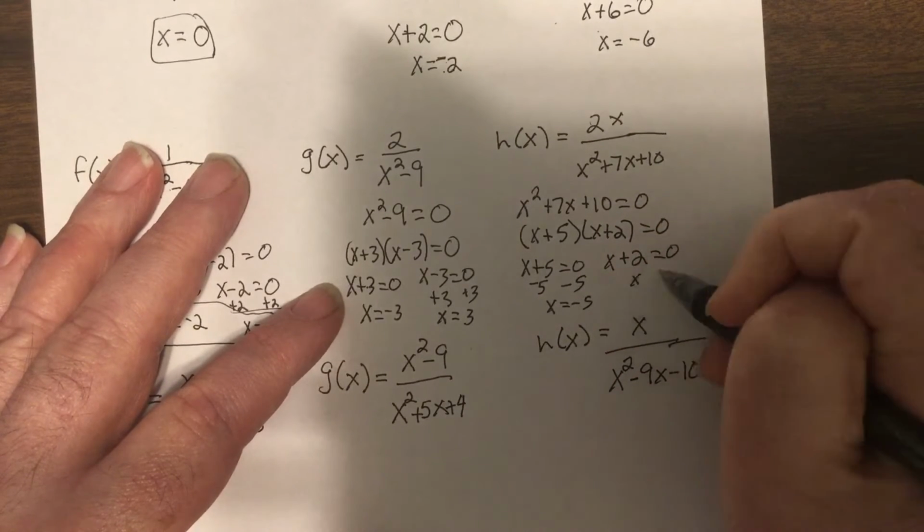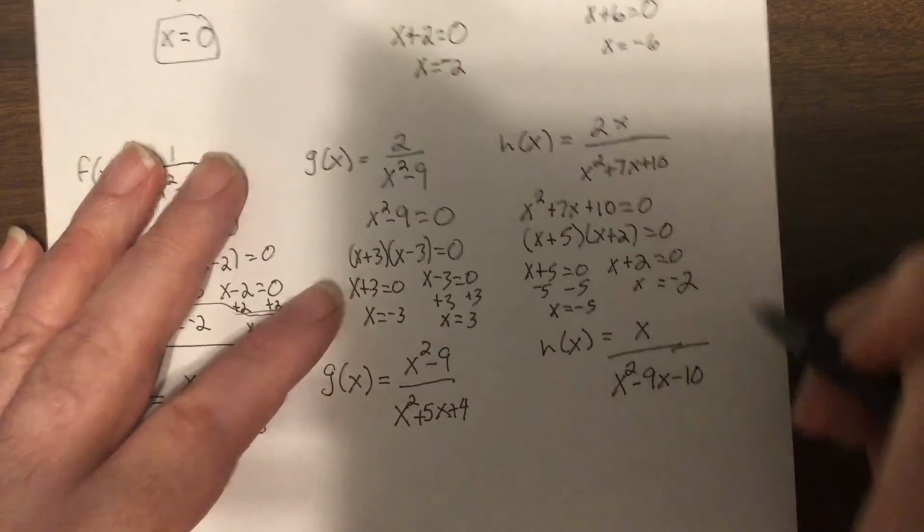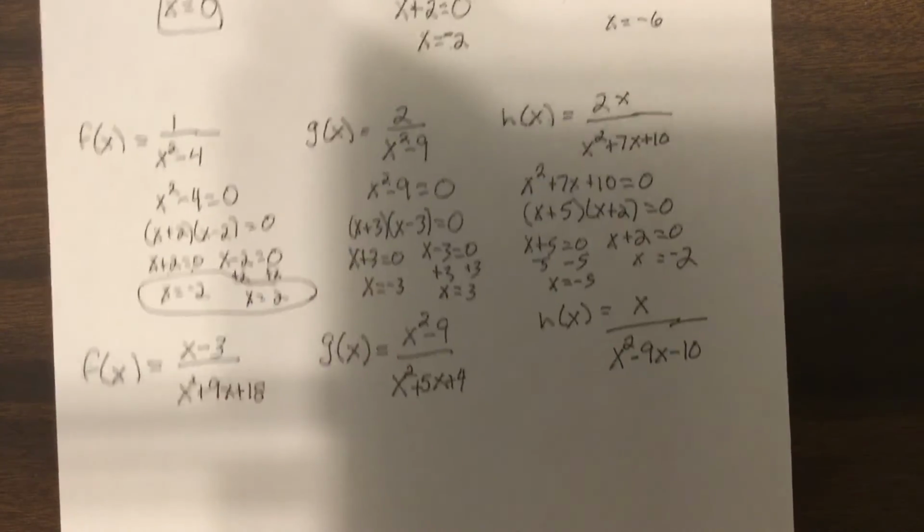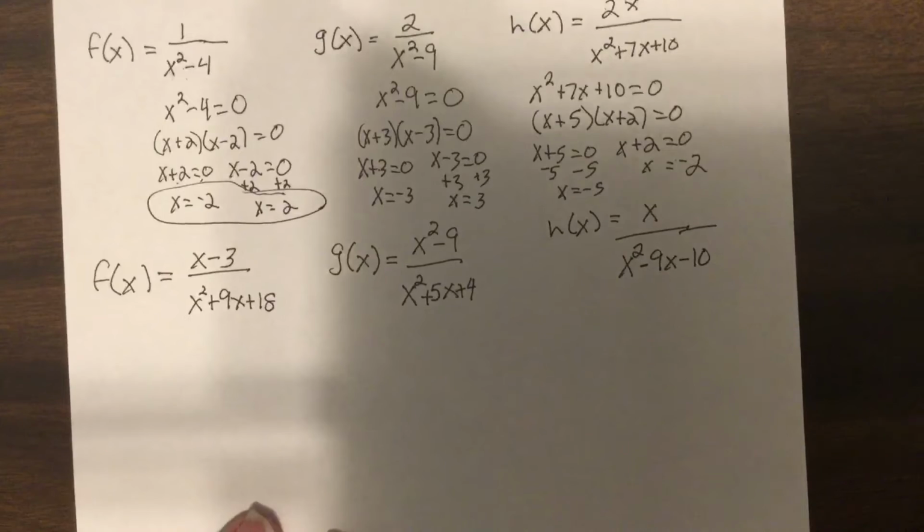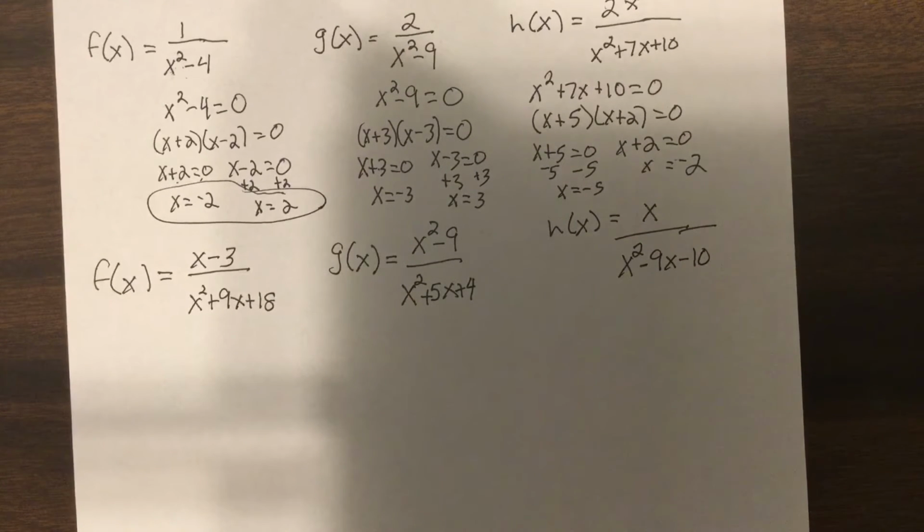Subtract 2. So you're just asking, when is the denominator equal 0? That's all you're asking. So we're just solving. We did this. Spent mucho time. So right now, find the answers to find the undefined for the last 3 problems. Freeze the video and then turn me back on.